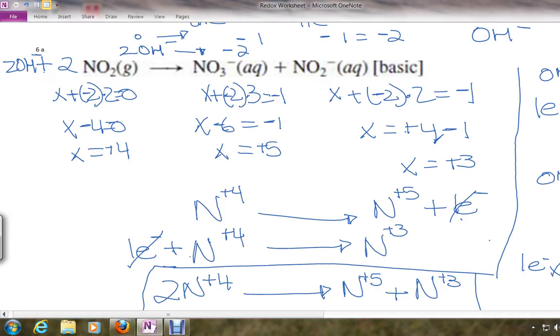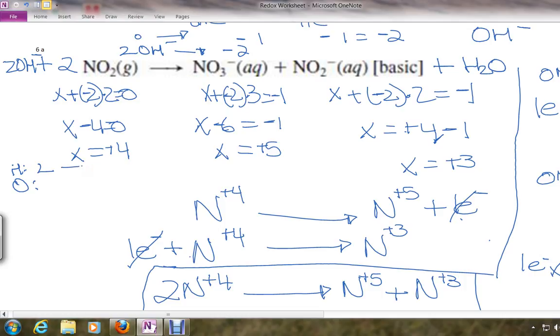Now let's check the hydrogen. We need to add water on the right because we don't have anything on the right with a hydrogen. So if we have two hydrogen, one molecule of water should be enough. Let's check our oxygen. Hydrogen we know already is balanced.